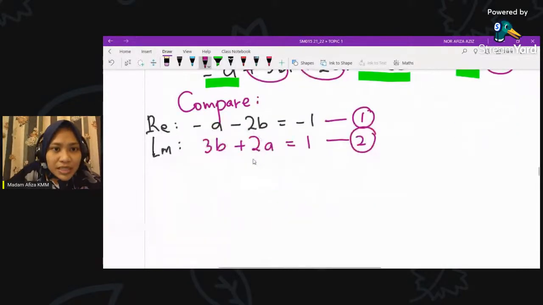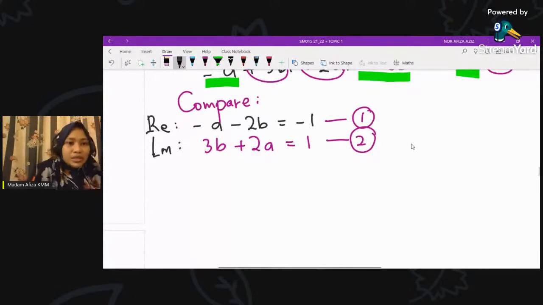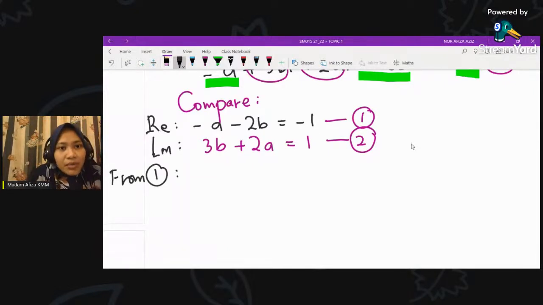Untuk solve simultaneously, ada beberapa cara. Mungkin kita boleh guna elimination method kali ni, tadi dah pakai substitution. So katakan from equation 1 tadi, ada A, sini ada 2A. Mungkin kita boleh darab equation ni dengan 2.